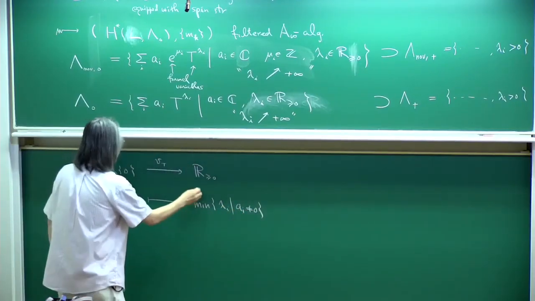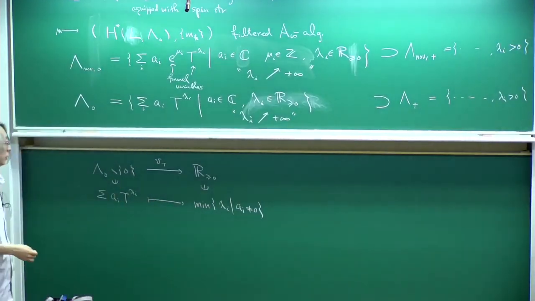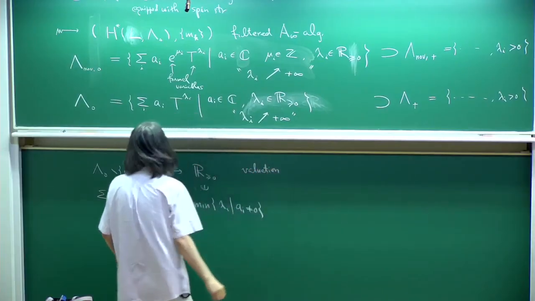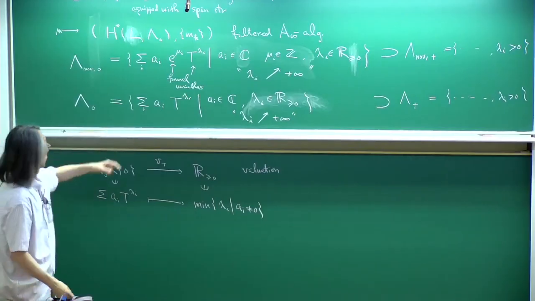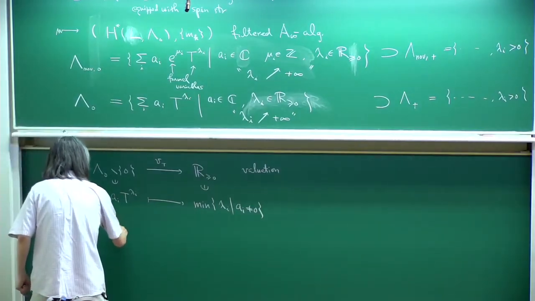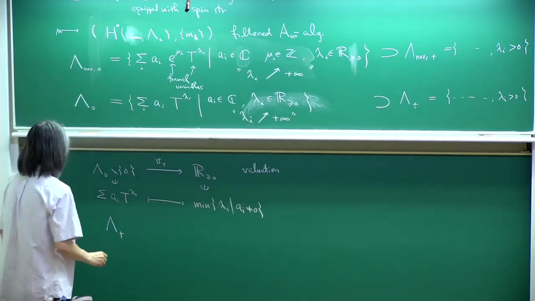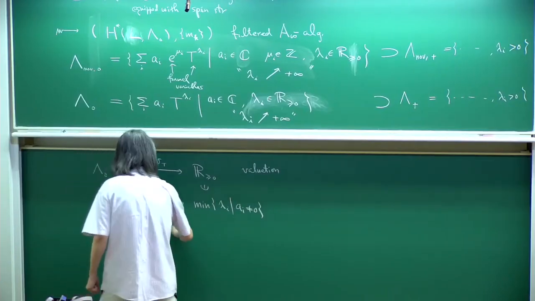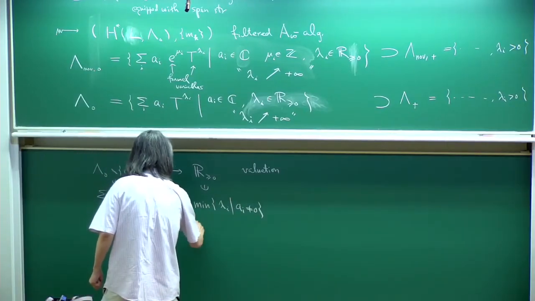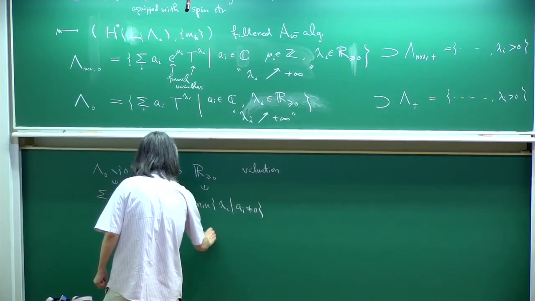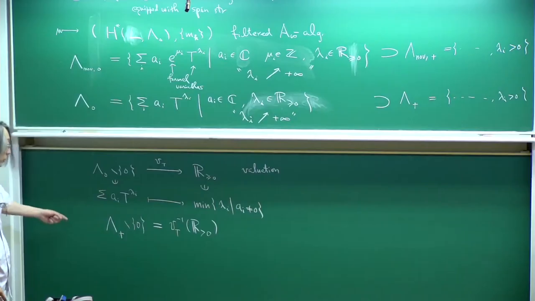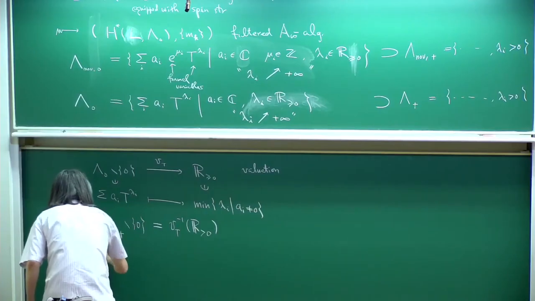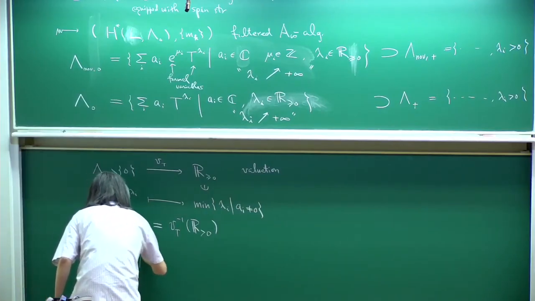So this is a valuation, and the preimage of the positive reals is Lambda_+ inside Lambda_0.